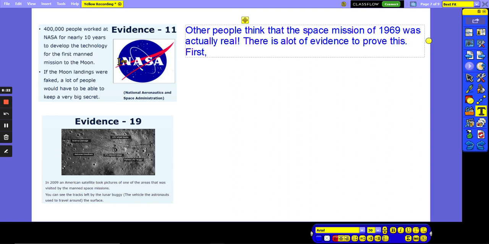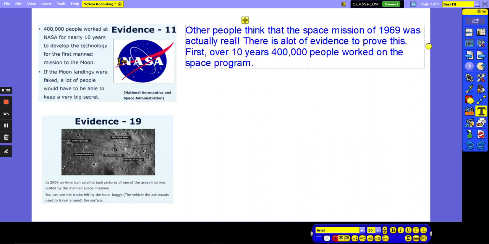So first, over 10 years, 400,000 people worked on the space program. If it was fake, that is a lot of people managing to tell a lie.